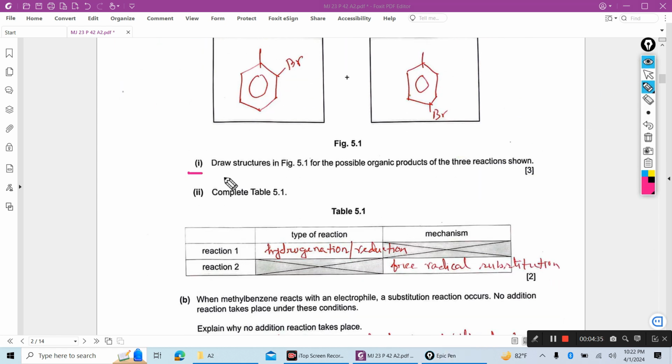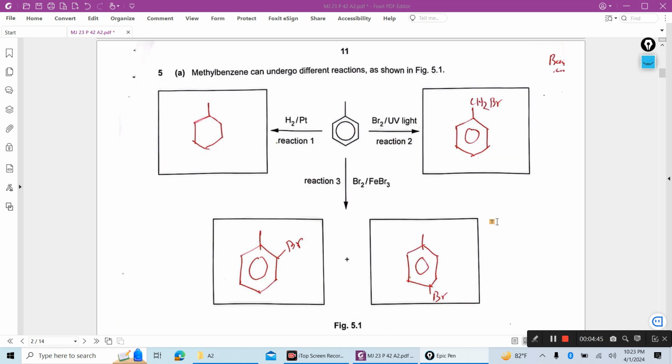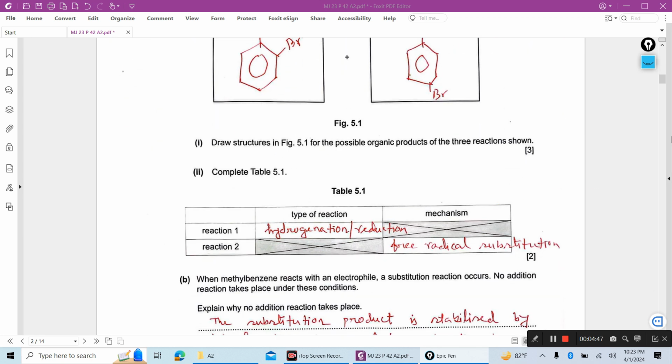Now draw the structure for the possible organic product of the 3 reactions shown. I explained this; these are the different products. Now number 2, complete table 5.1. Reaction 1, type of reaction: you write hydrogenation or reduction.